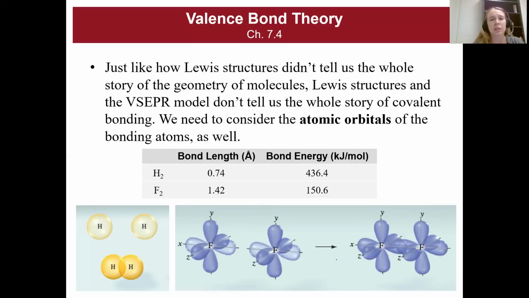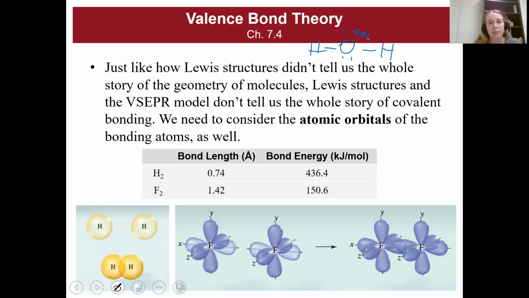Just like how Lewis structures didn't tell us the whole story of the geometry of molecules, like how they made water look like it could be linear, Lewis structures and the VSEPR model don't tell us the whole story of covalent bonding.